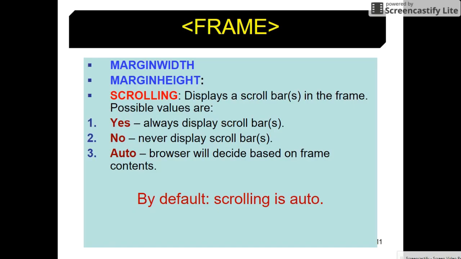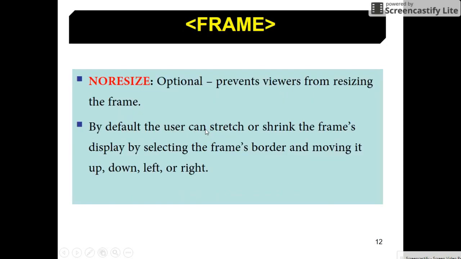If the page we are using contains text that cannot be displayed within the screen size, that means it goes to overflow, then we can use scroll bars. If it is auto, the browser will decide. If it is no, scroll bars will not be displayed.